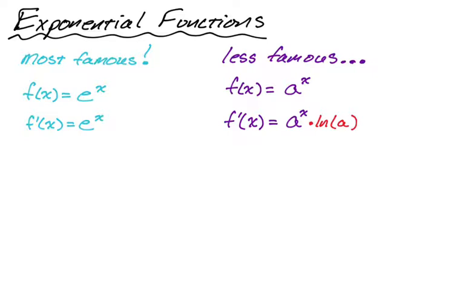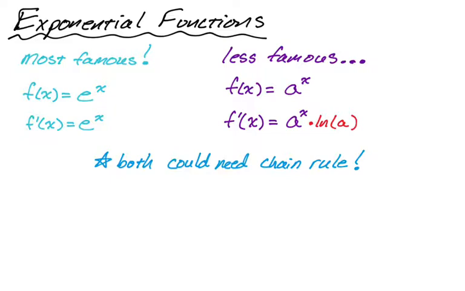But when it's a to the x, the derivative will be a to the x times the natural log of a. And you cannot forget that natural log of a. That's actually going to be really important going forward when you try to reverse the process. So instead of taking a derivative, you're going to have the derivative and try to go back to the original function. You need to remember that there should be a natural log of a there, or you're going to forget something. And then both of these could definitely use the chain rule.